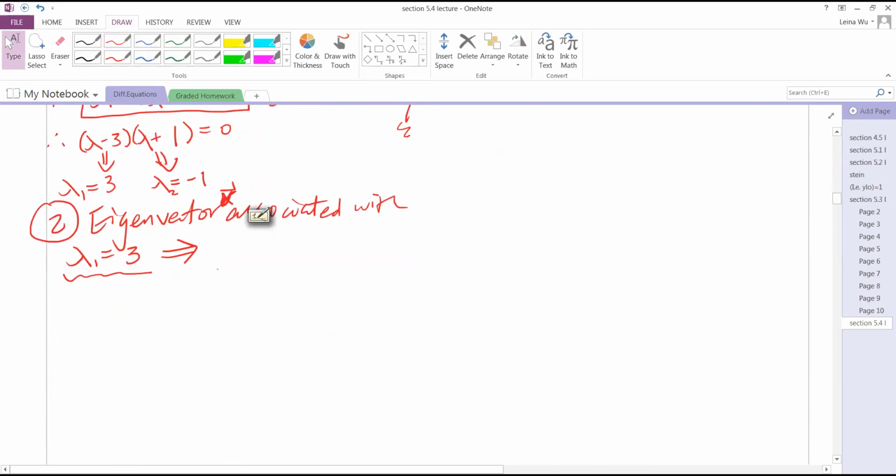So we should keep going. We say A minus lambda I times v equals 0. And here the lambda would be 3, so you can just say lambda 1, and I'm going to replace the lambda by 3. So we have A minus 3I times v equals 0.